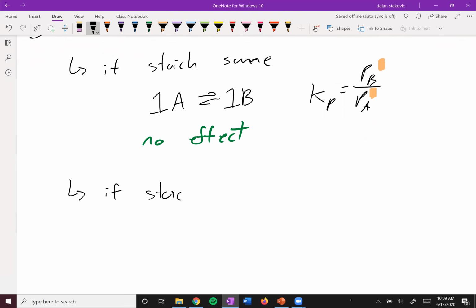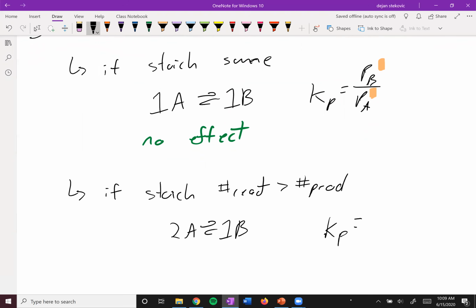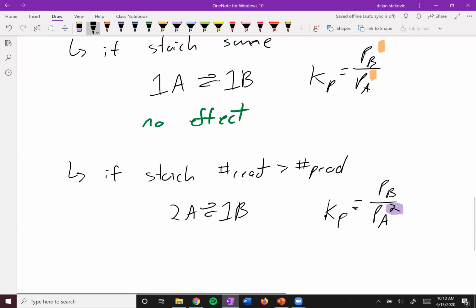If your stoichiometry says that the number of reactants is greater than the number of products, so for example, 2A going to 1B, then our K will be P_B over P_A squared. Now the denominator is going to grow faster than the numerator.